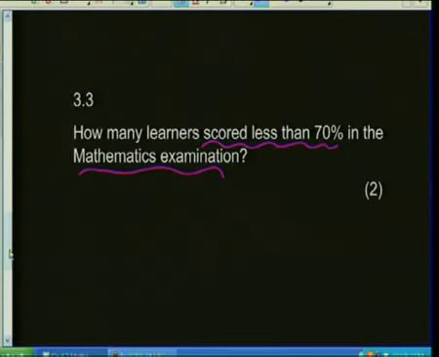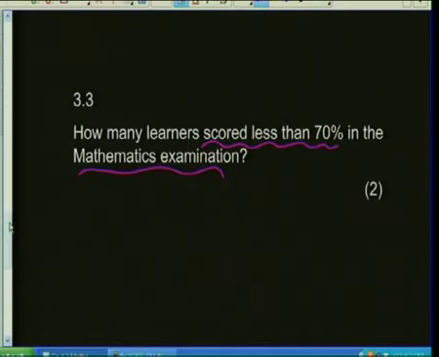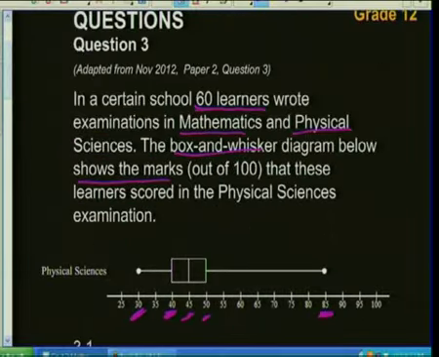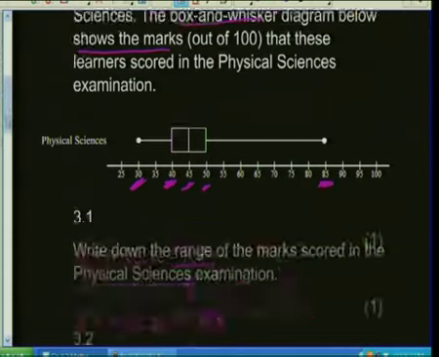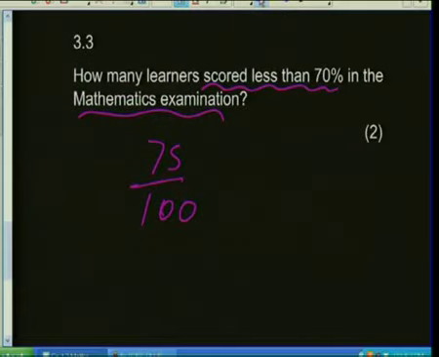Now, how many learners scored less than this? Less than 70% is actually 75 over 100 times how many learners we have in a class. We have 60 learners in a class, so times 60.